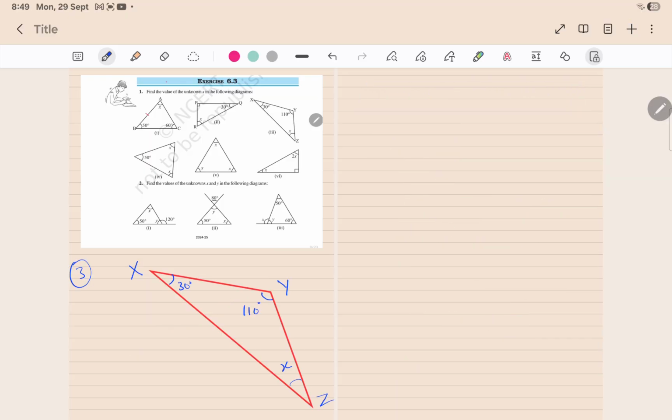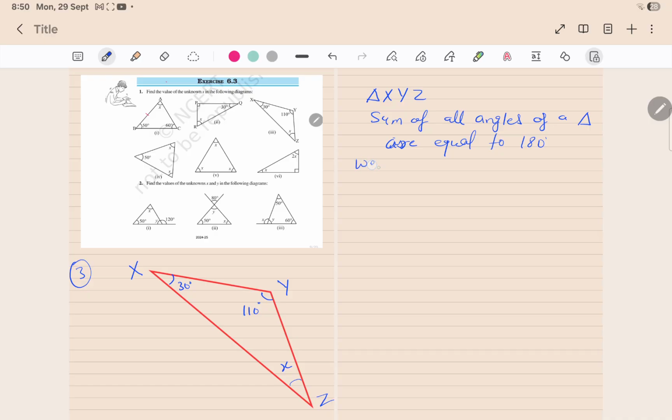In the third question, the triangle is named XYZ. The sum of all angles of a triangle is equal to 180 degrees.